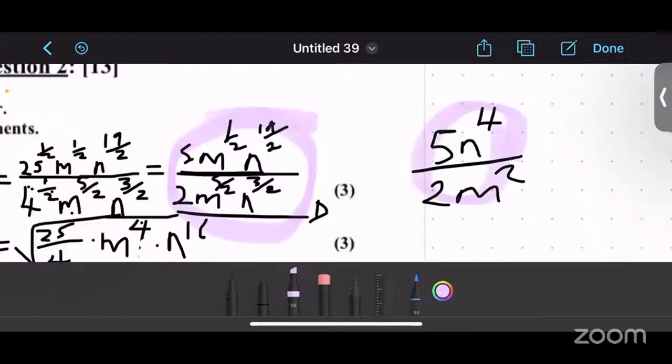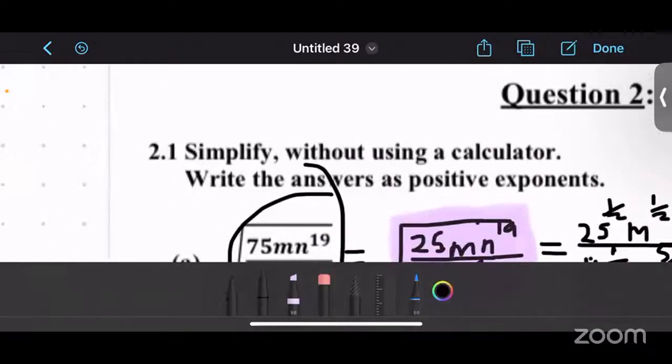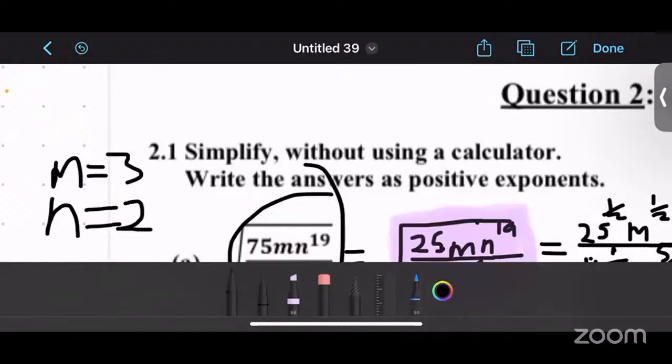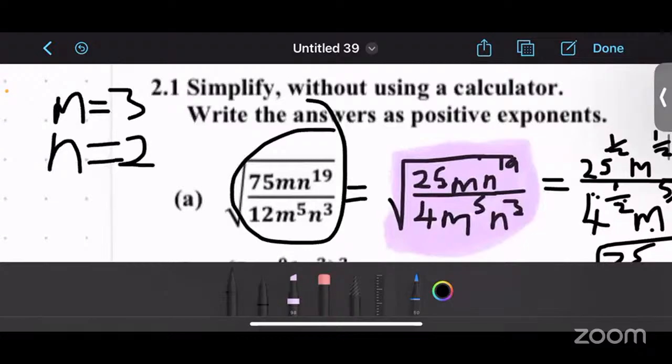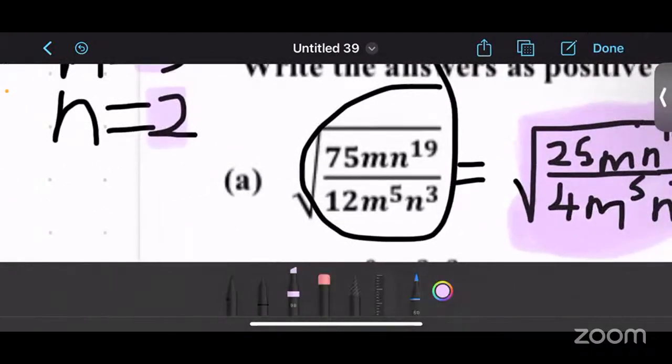So let's say you choose m equal to 3 and n equal to 2. Where you see m, you replace it with 3, and where you see n, you replace it with 2. So this is what you're supposed to have.